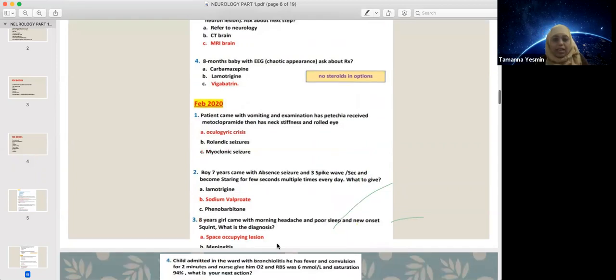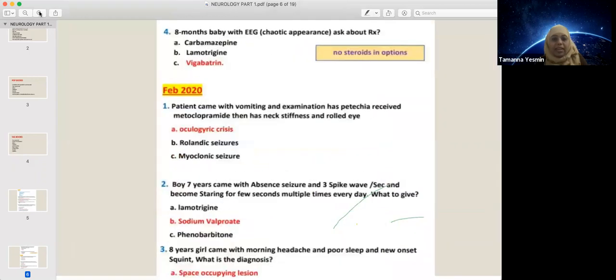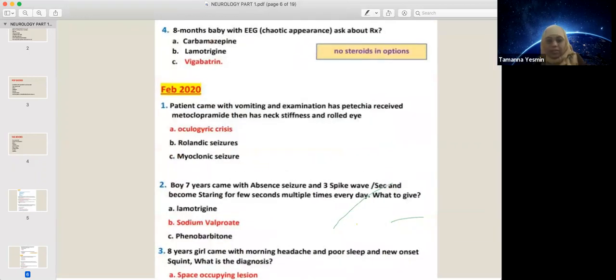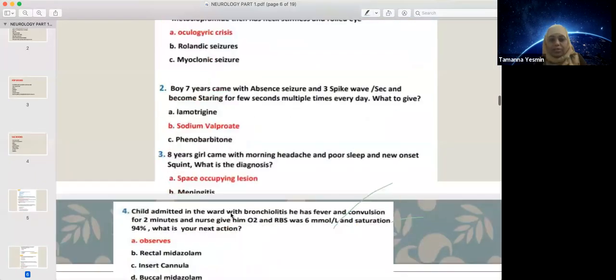An 8-year-old girl came with morning headache and poor sleep. Third question. An 8-year-old came with morning headache and poor sleep and new onset squint. What is the diagnosis?